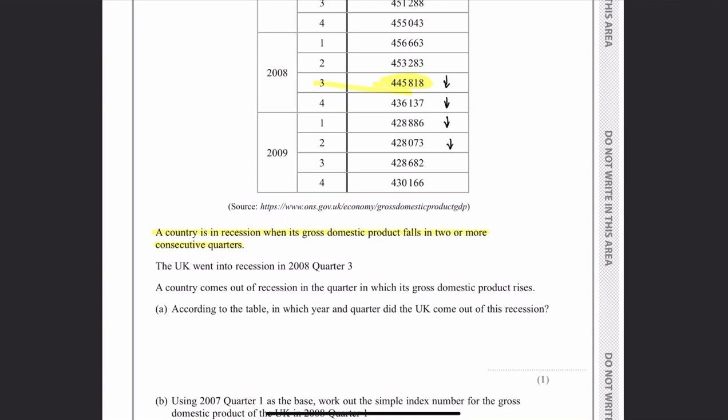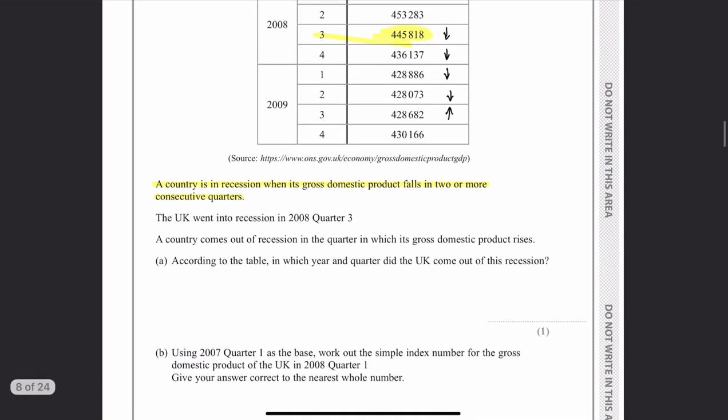However, in quarter 3 of 2009, it goes back up. Because you've gone from 428,073 to 428,682. So I would say, which year? 2009, quarter 4 is when it comes out of recession, because that's when it goes up.